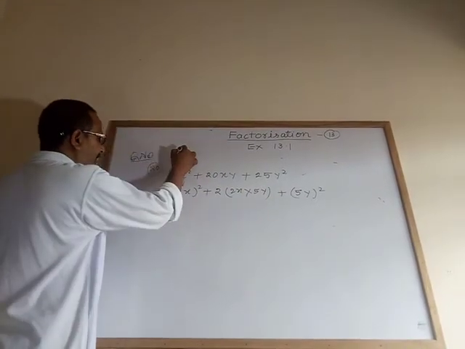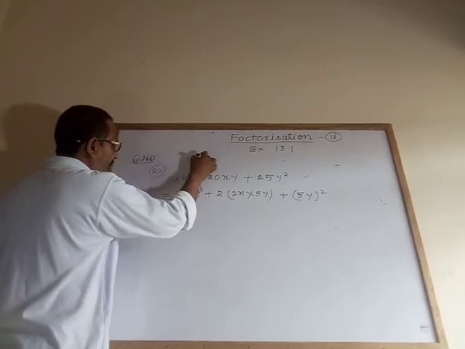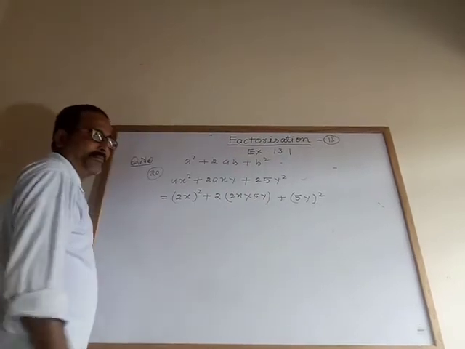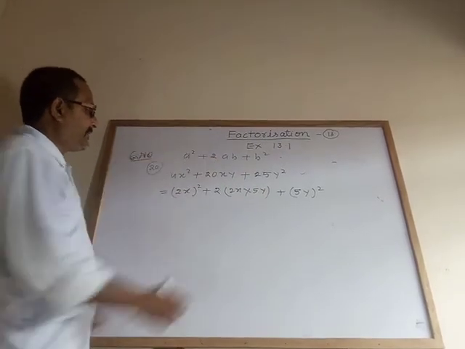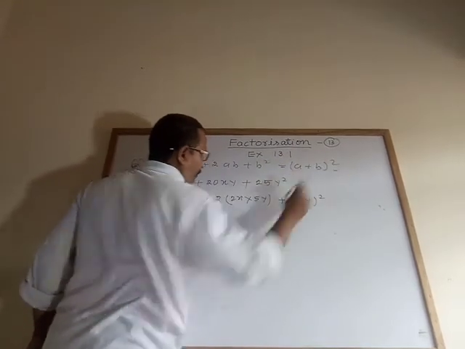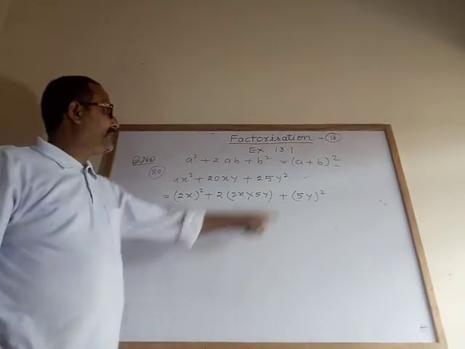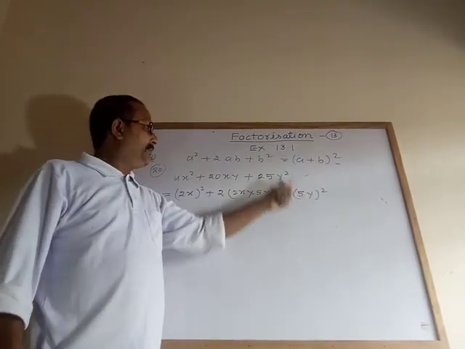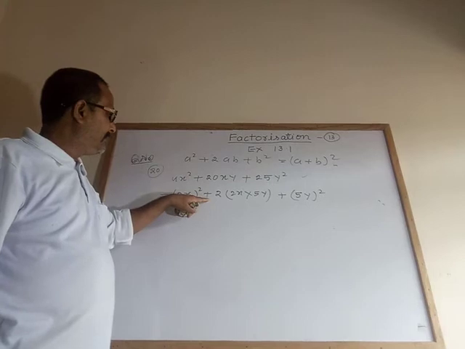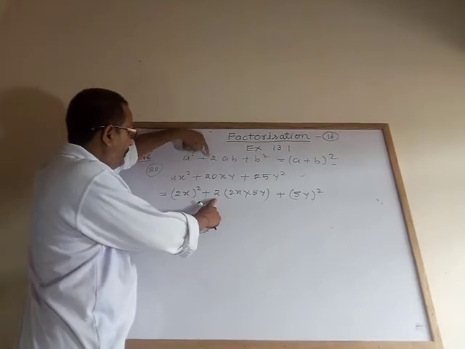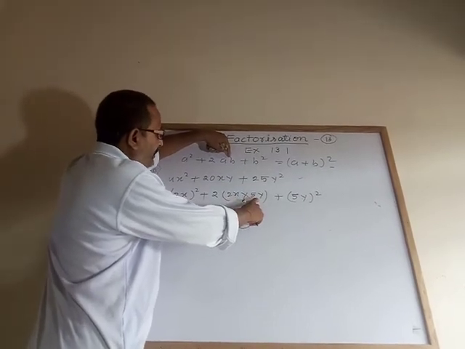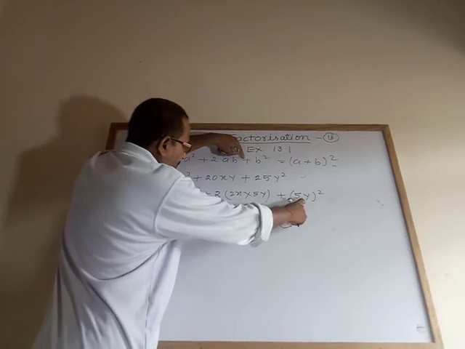See that this is in the form a square plus 2ab plus b square. What is this? This is (a plus b) whole square. A is the first term, b is the second term: square of the first term plus 2 into first term into second term plus square of the second term.